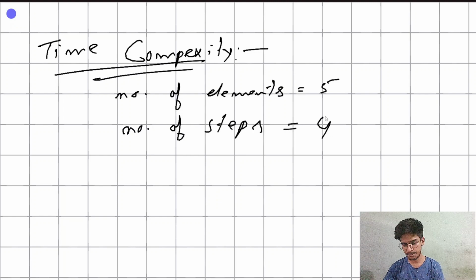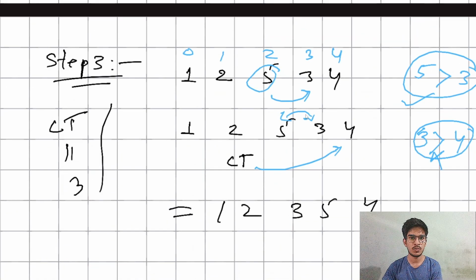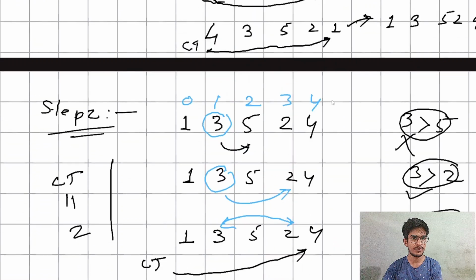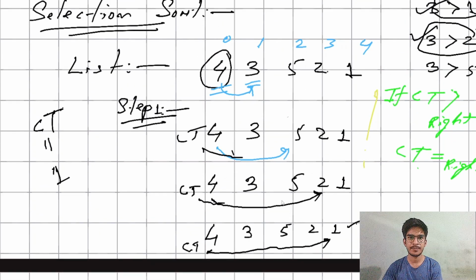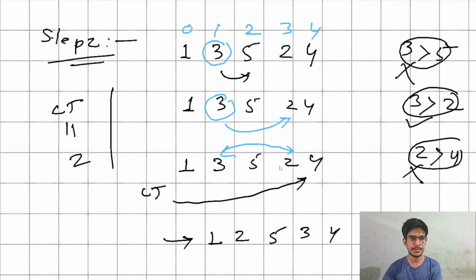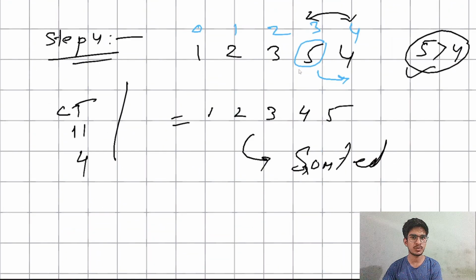And the number of sub-steps is also required. In step one, if you see, it requires 4 steps. In step 2, it takes 3 steps. In step 3, it takes 2 steps, and in step 4, it takes 1 step.